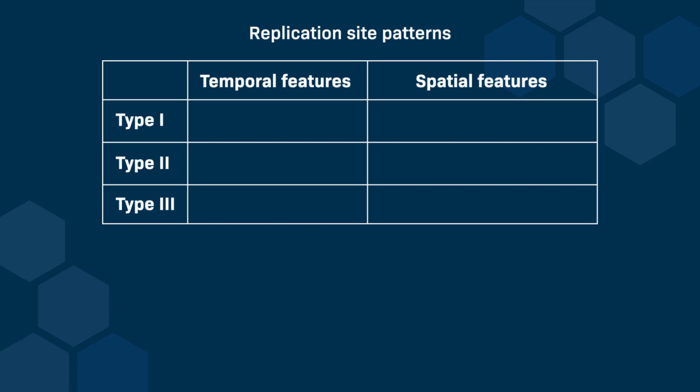Experimental data have demonstrated that there are 3 types of replication sites that are activated at different times during the S phase. Each type of replication site corresponds to the replication of distinct regions of chromatin. Type 1 replication sites are activated during the early to mid-S phase and are associated with the replication of extranucleolar and euchromatic regions.